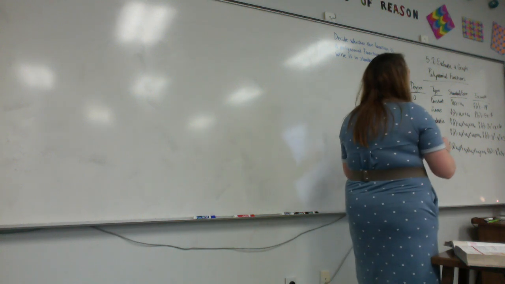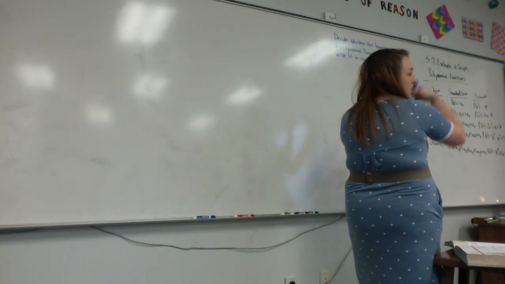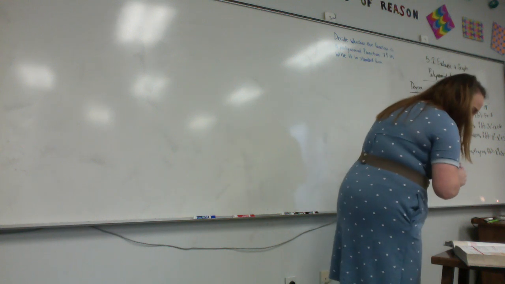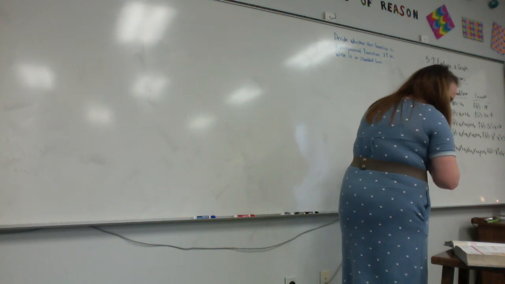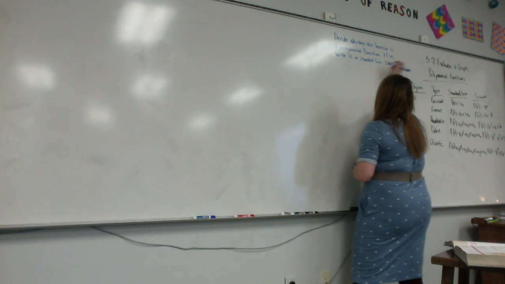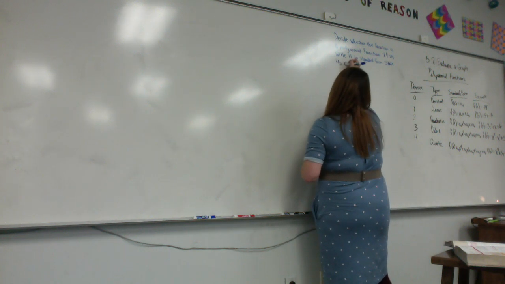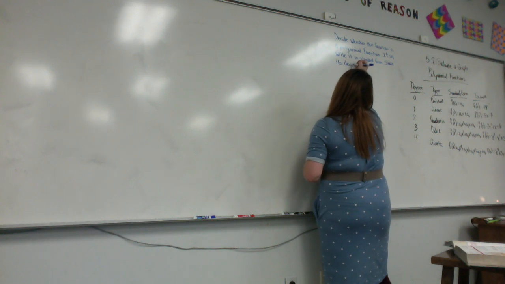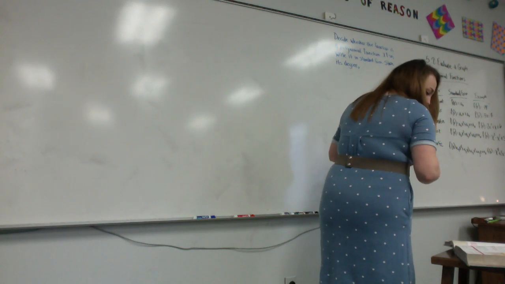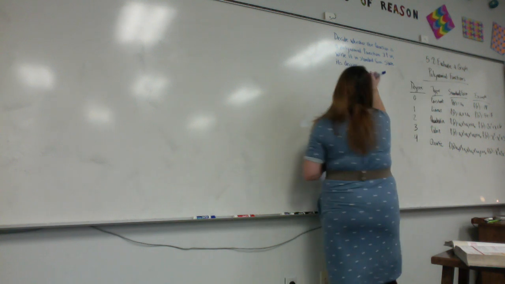Then you're going to write it in standard form, which means you're going to move it around so that it goes biggest to smallest. Write it in standard form. State its degree, type, and leading coefficient.